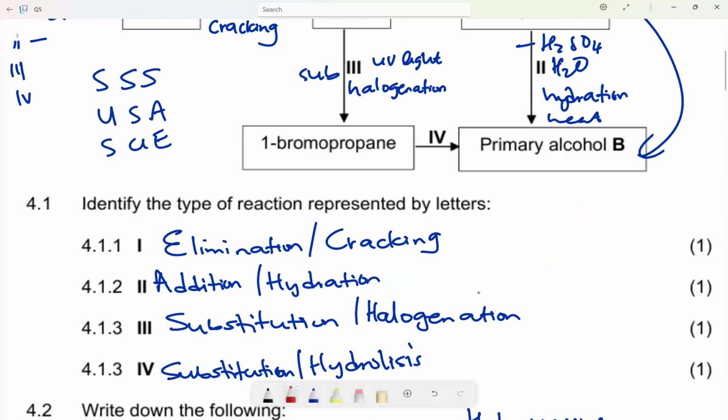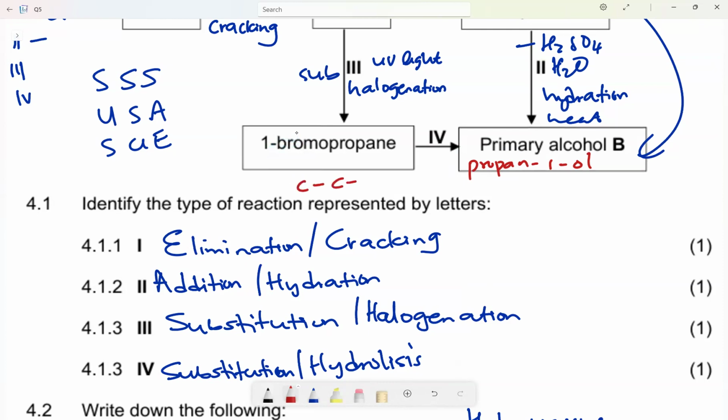Remember, we are removing Br from position number 1. We are substituting it with what? With OH. So this one is going to be propan-1-ol. Why? Because we are substituting.